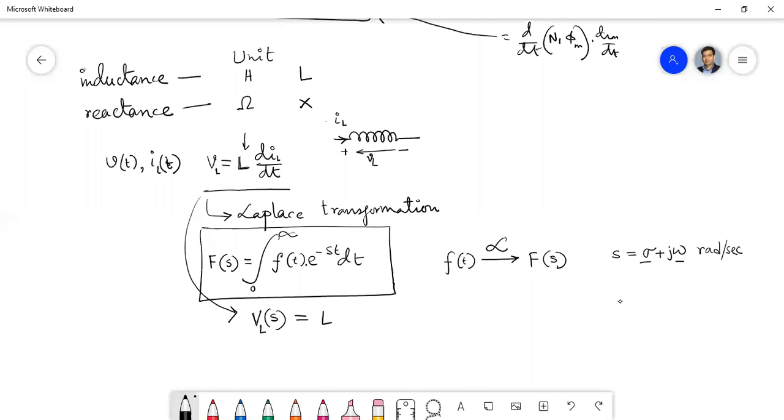Now L is completely a constant number, so there will be no change of L. But on the right hand side, you have a derivative. When you have a derivative, the term you will get is s times the Laplace transformed current, that is IL of s.